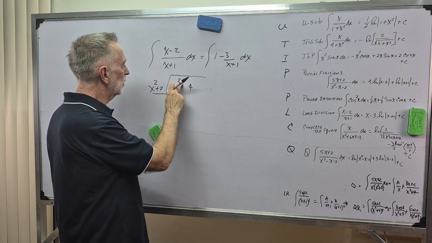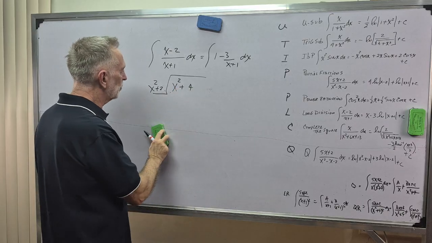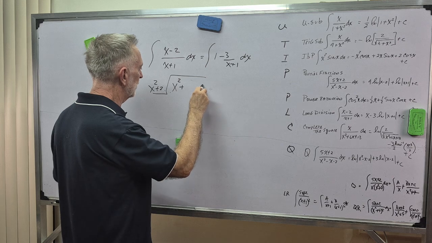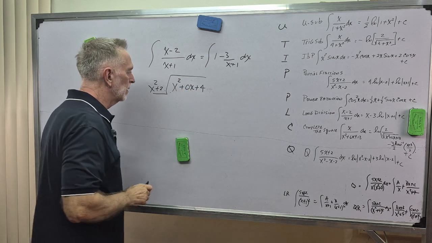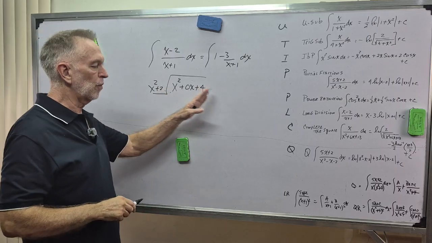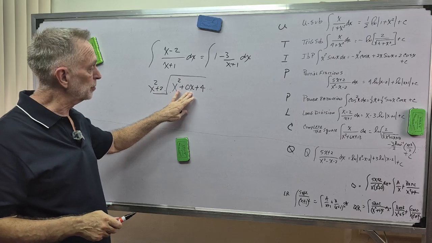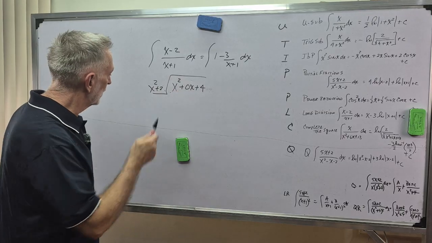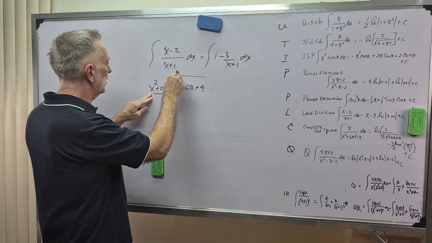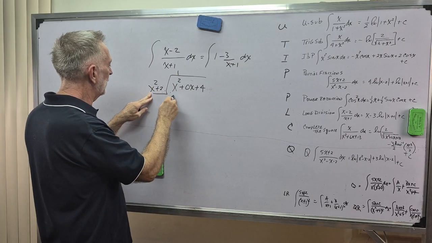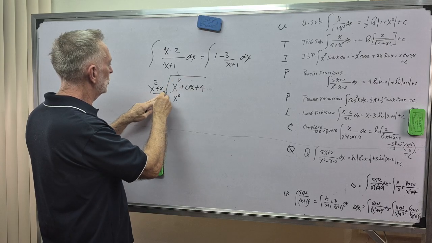I have a squared term, but I don't have x to the first power. So I need to rewrite this. Here's my 4. I need every power of x in there, but if there's not one in my original equation, just put a 0 in front of it. And you're going to see why in just a moment. Okay, x squared goes into x squared one time. 1 times x squared is x squared. 1 times 2 is 2.